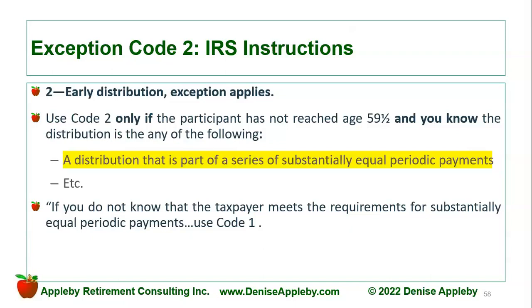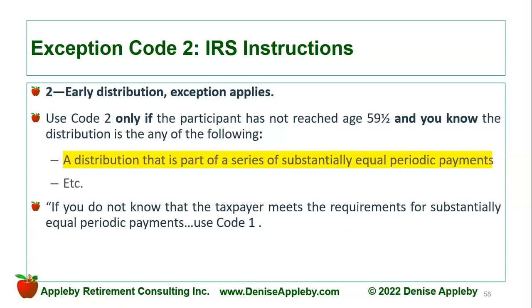Now, a 72T payment is one of those exceptions where the IRA custodian or plan trustee can use a code 2. But guess what? The instructions also say to the IRA custodian, if you do not know whether the taxpayer meets the requirement for a 72T payment, use a code 1.